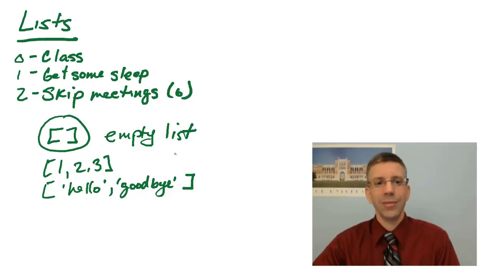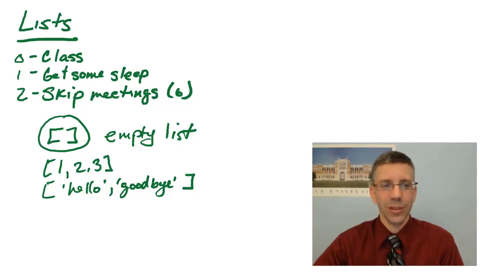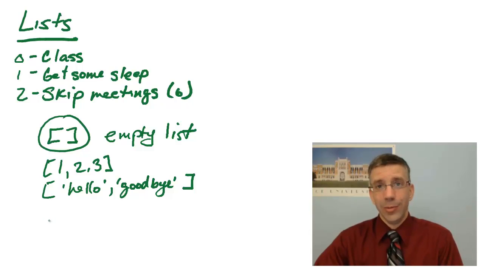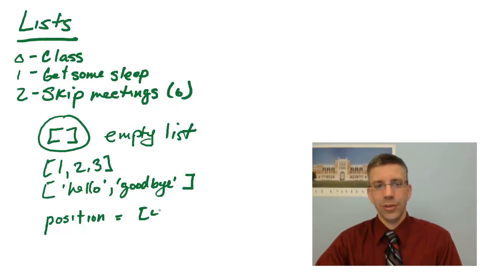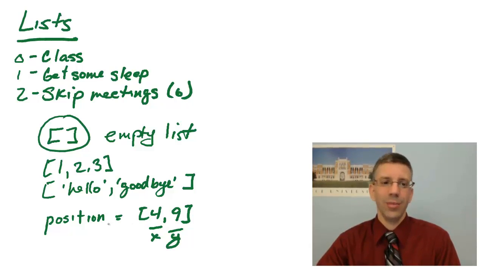I've got my empty list, I've got my list with 3 numbers, I've got a list with 2 strings in it. Now, usually I will be assigning these to variables, so I might have something like position equals the list 4, 9. And implicitly, this maybe is my x coordinate, and this is my y coordinate, so I know that my position is at x equals 4 and y equals 9.